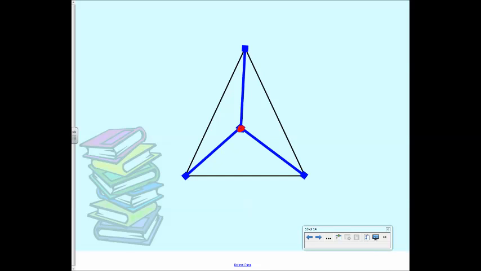The incenter is the meeting of the 3 angle bisectors. So again, if it's an angle bisector, that means this angle and this angle are what? Congruent. And what about this one and this one? Congruent. So the angle bisectors meet at the incenter.